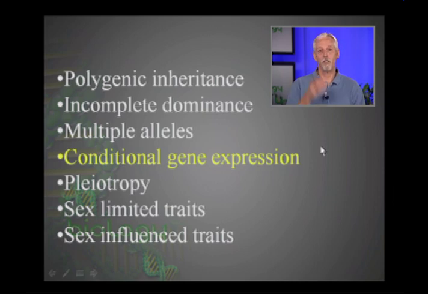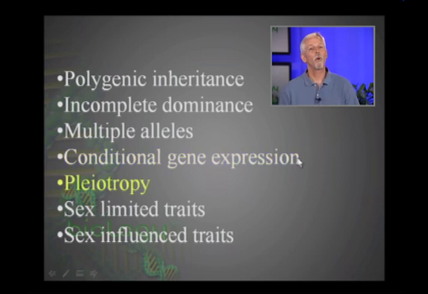So Siamese cats are usually black at the tip of their nose, tip of the ears, and tip of their legs because they're cooler there, and so that protein appears black in that region. Pleiotropy is where one gene affects a number of traits. For example, if you inherit a defective cartilage gene, it could affect your joints, your height, your skull shape, heart, muscle function, all kinds of different things.